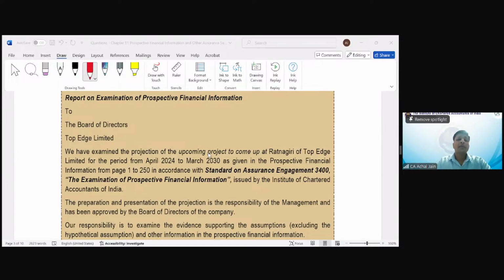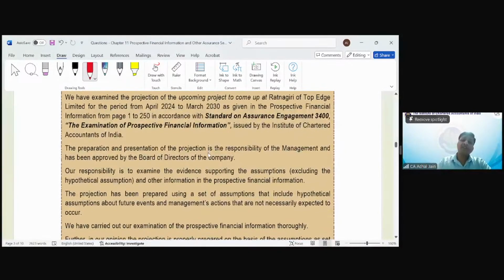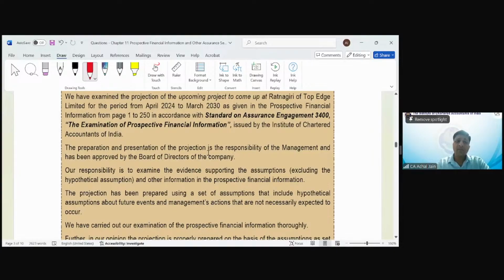Preparation and presentation of the projection is the responsibility of management, has been approved by Board of Directors. Our responsibility is to examine the evidence supporting the assumptions, excluding the hypothetical assumptions, and other information in the prospective financial information.